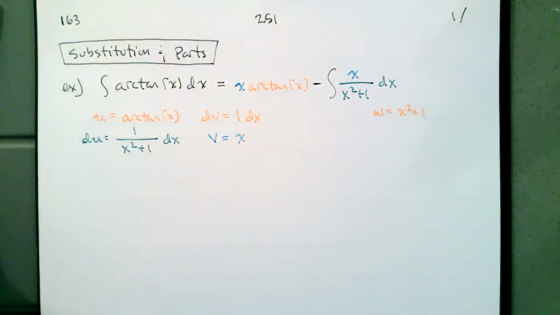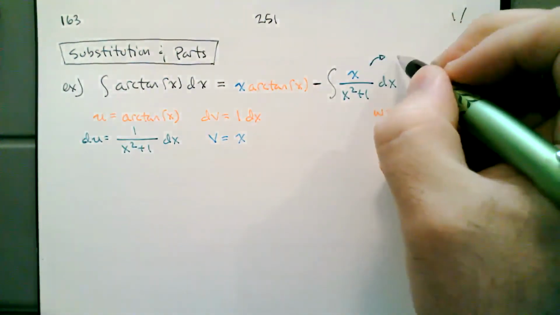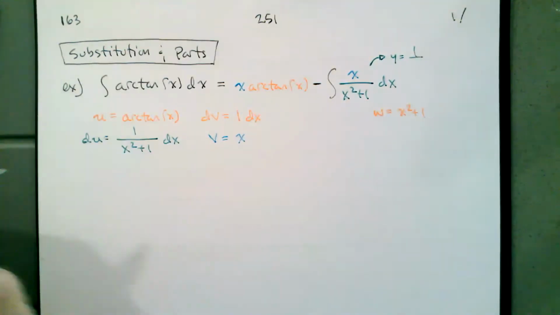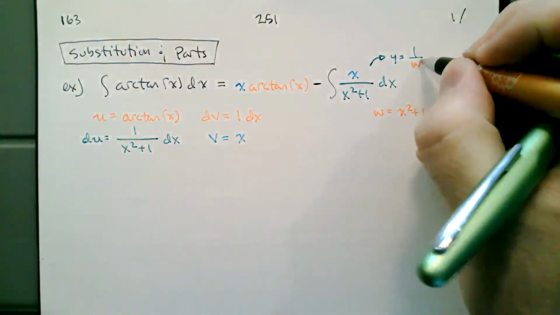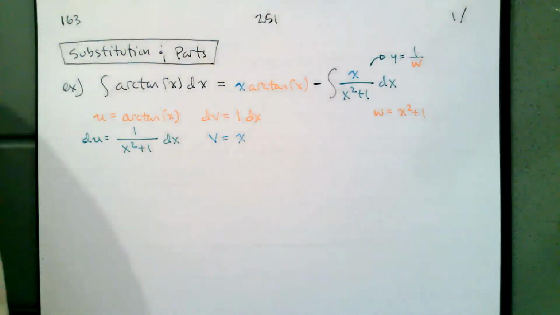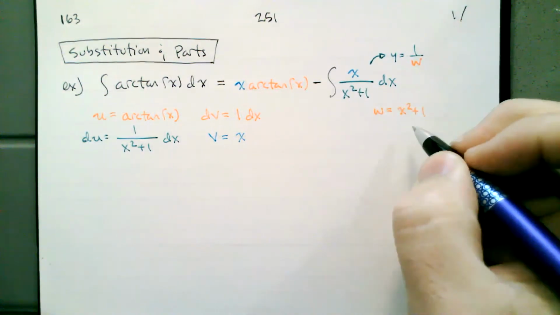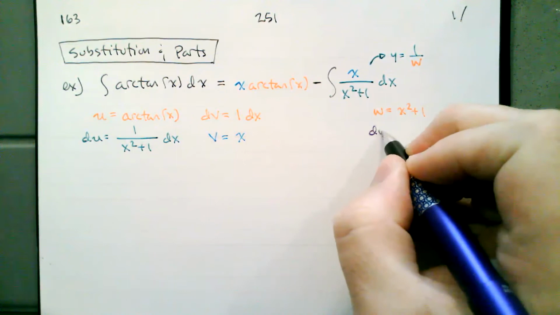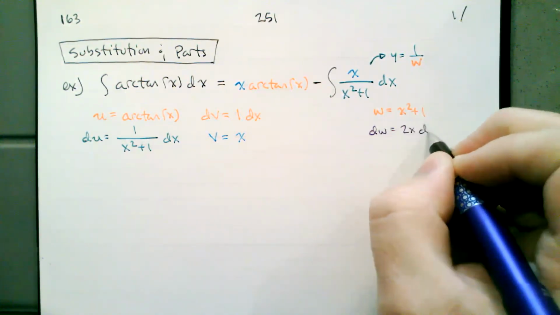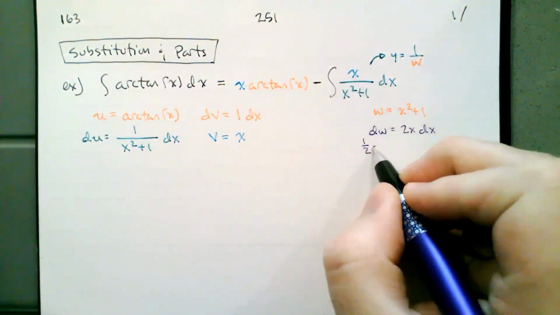So what we're actually going to be integrating is 1 over w. If w is x squared plus 1, then dw is 2x dx. So the x dx is going to be a 1/2 dw.